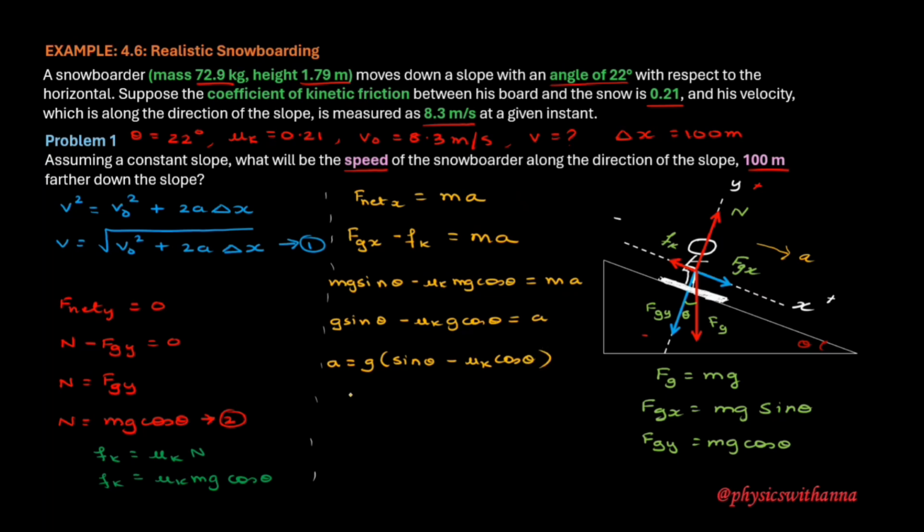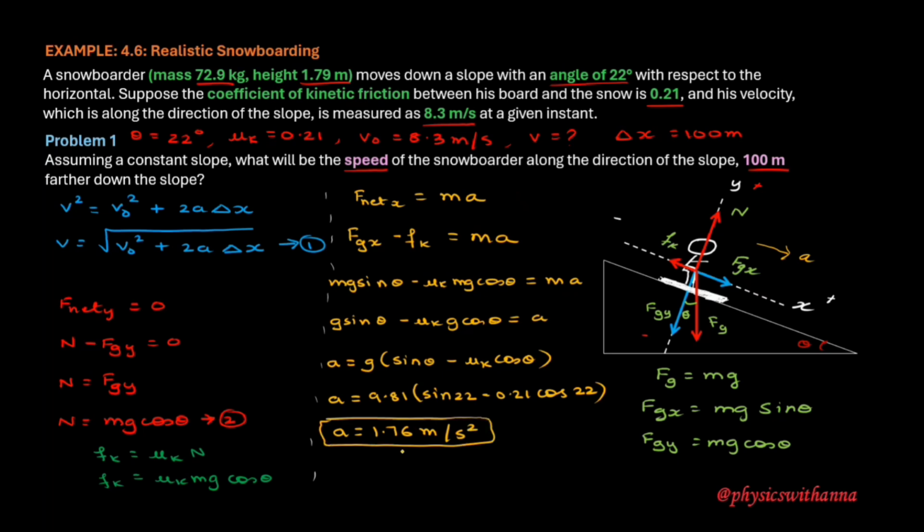Now let us substitute everything to calculate acceleration. I get acceleration a to be equal to 9.81 sine of the angle 22 minus mu k is 0.21 cosine of the angle 22. That gives me the acceleration to be equal to 1.76 meter per second squared.